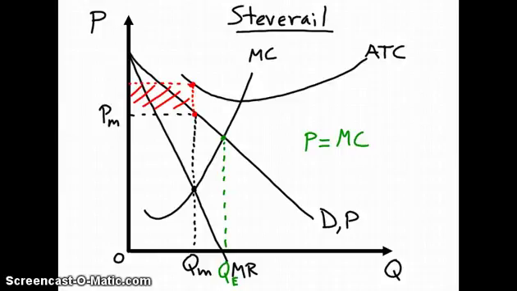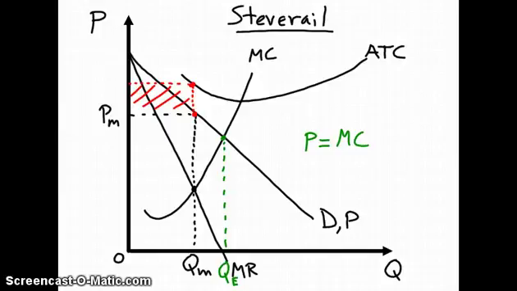Part B asks if Steve Rail raised the price above PM, would the total revenue increase, decrease, or not change, and explain. Well, if you remember, monopolies always operate in the elastic range of their demand curve.